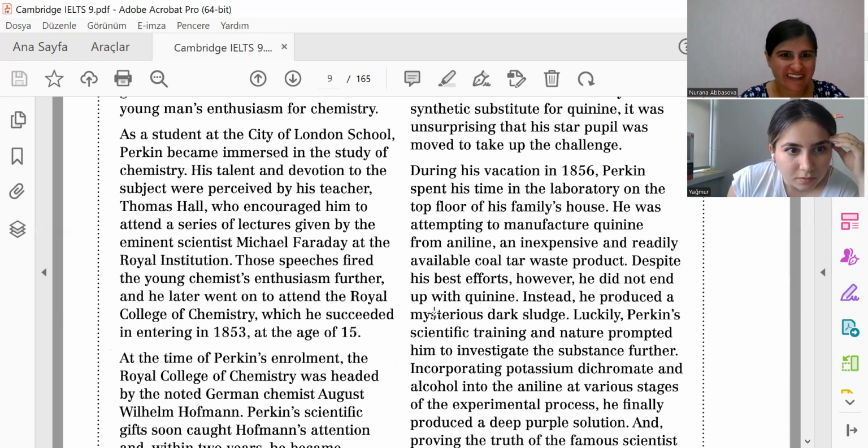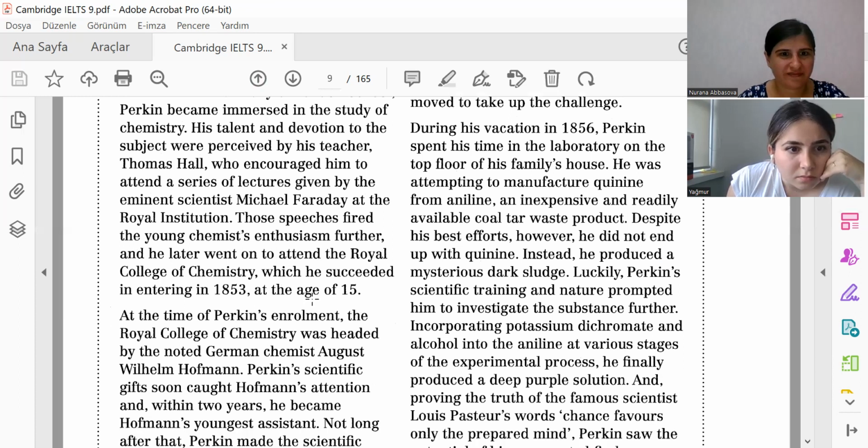To encourage him to attend a series of lectures given by the eminent scientist Michael Faraday at the Royal Institution. Those speeches fired the young chemist further, and he later went on to attend the Royal College of Chemistry, which he succeeded. But I didn't see that information.